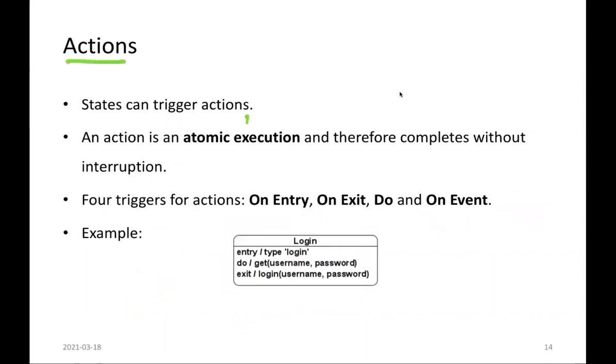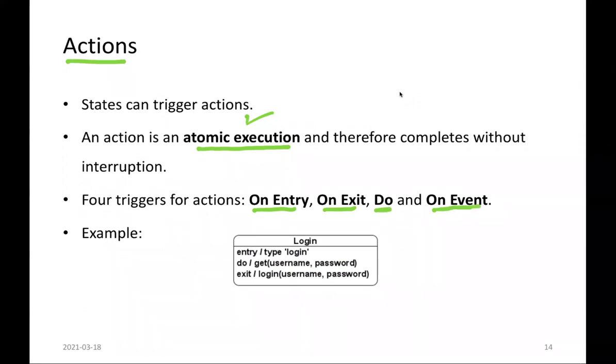States can trigger actions. What is an action? An action is considered an atomic execution, which means that once it has started, there is no way to interrupt, stop, or terminate it. For each state, we have 4 triggers for actions. It could be on entry, on exit, do, meaning while in the state, or on a certain event.